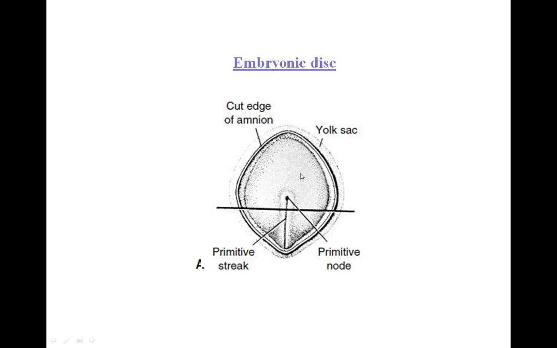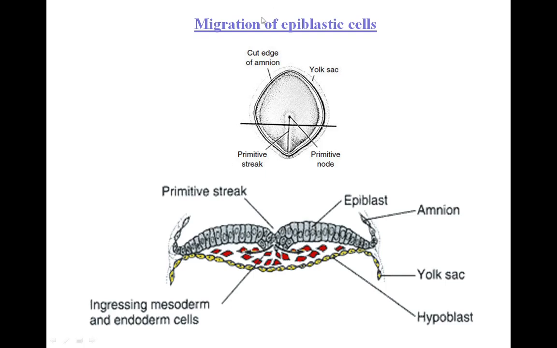Surrounding that is the epiblast, and below this are the amniotic edge, the amnion, and the yolk sac. Deep to, that is below, the epiblast there will be the hypoblast.